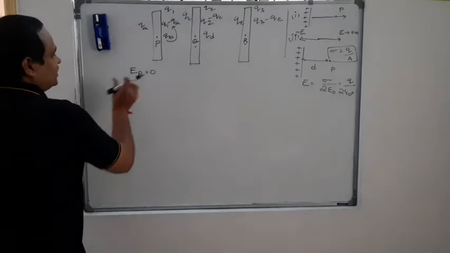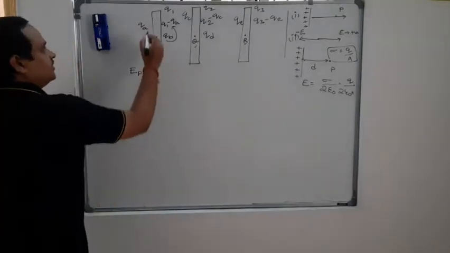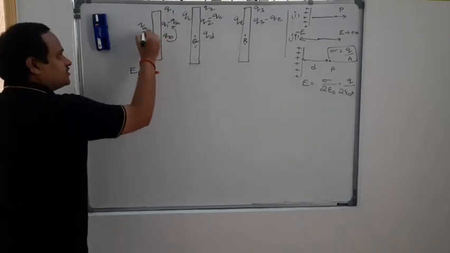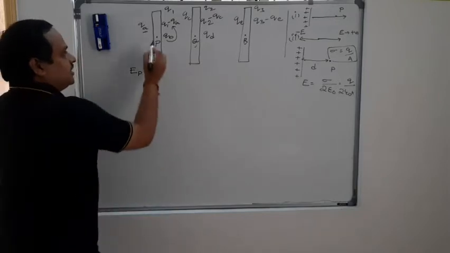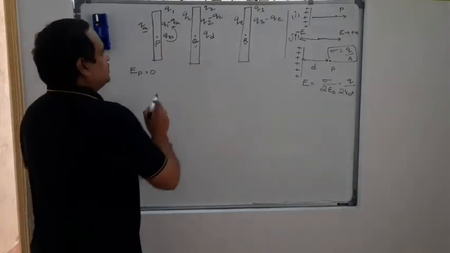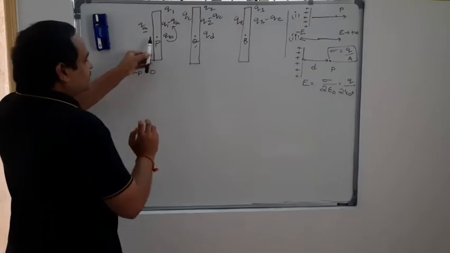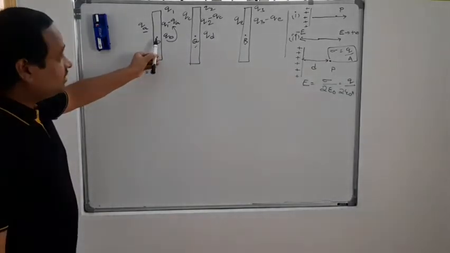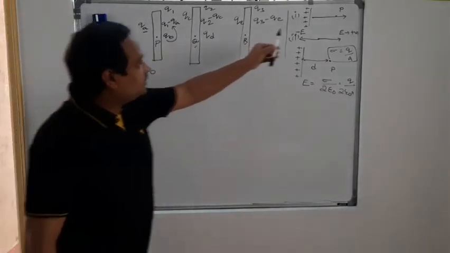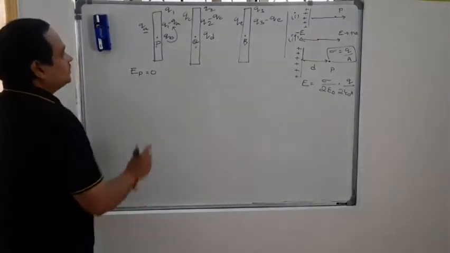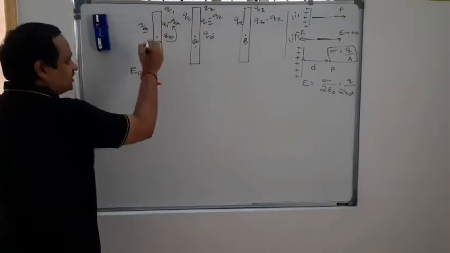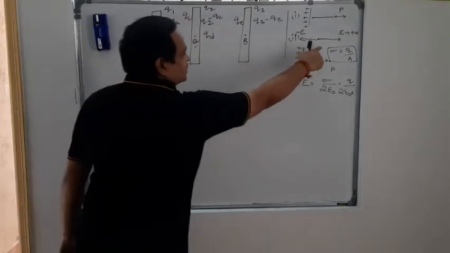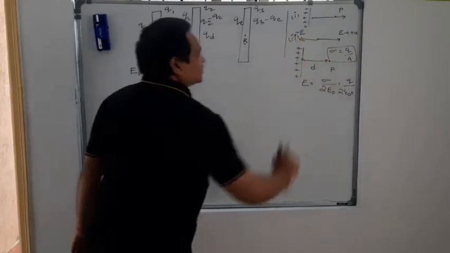See, the electric field at point P is 0. Now, electric field due to this charged plate. What is the charge on this charged plate? QA. At this point P, this is a positive charged plate, and at this point the electric field will be away from it according to my point, right? So with respect to this charged plate, at this point the electric field will be towards the right. And according to my convention, electric field towards the right side is positive.